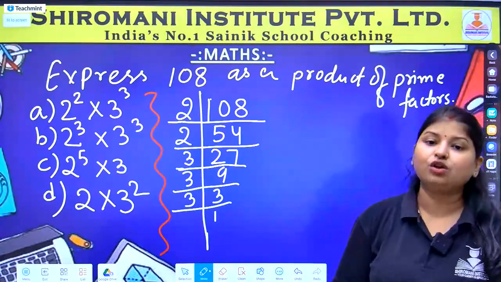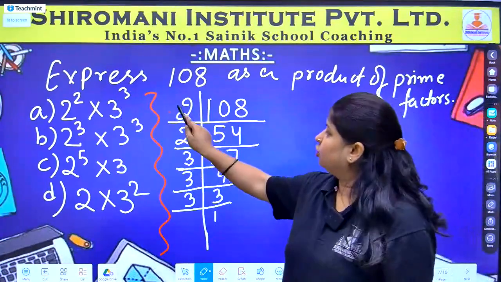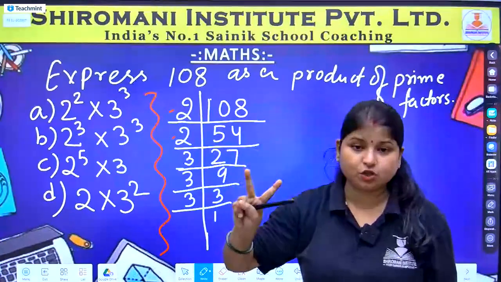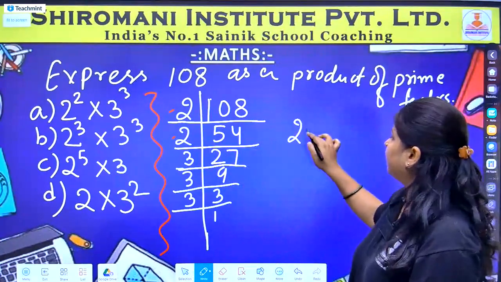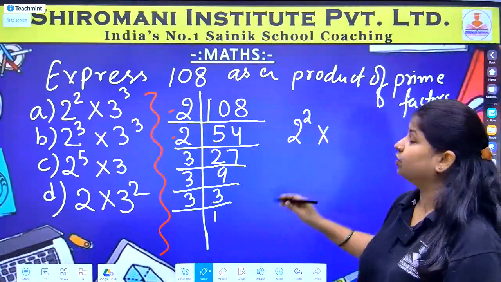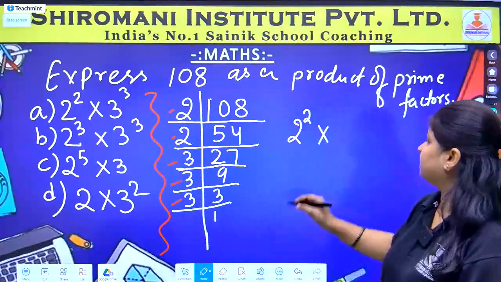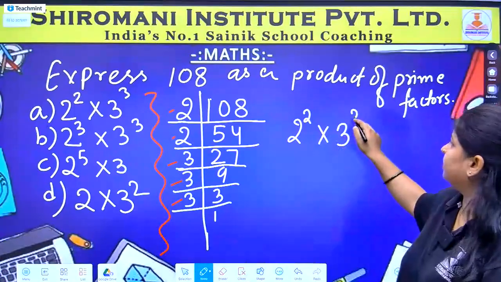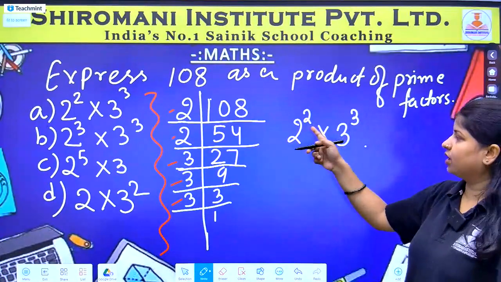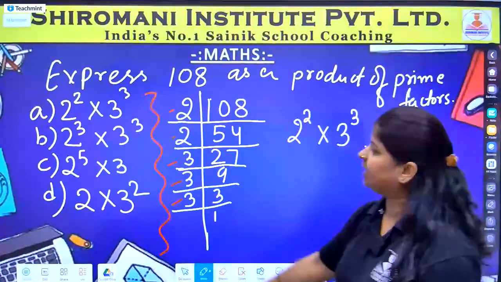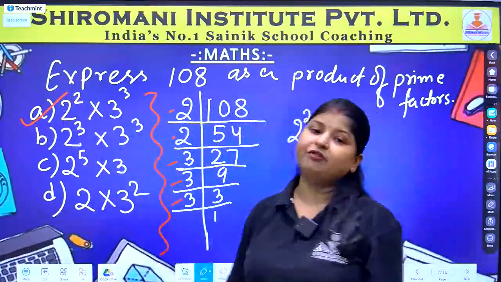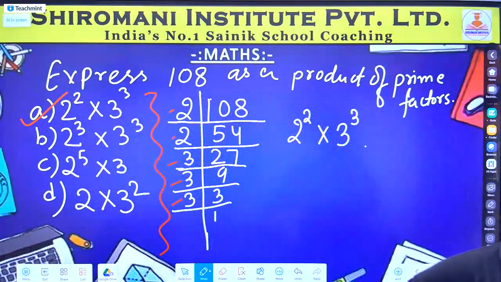Your factor is what? 2 is 2 times. That's why 2 ki power 2, into 3 is 1, 2, 3 times. That's why 3 ki power 3. So 2 ki power 2, 3 ki power 3 is the product of prime factors.